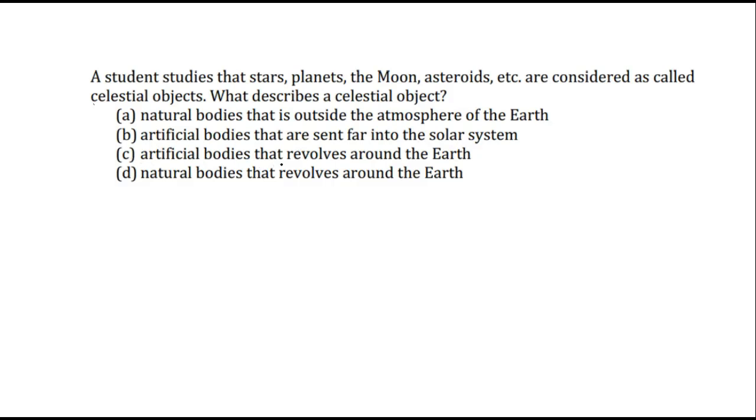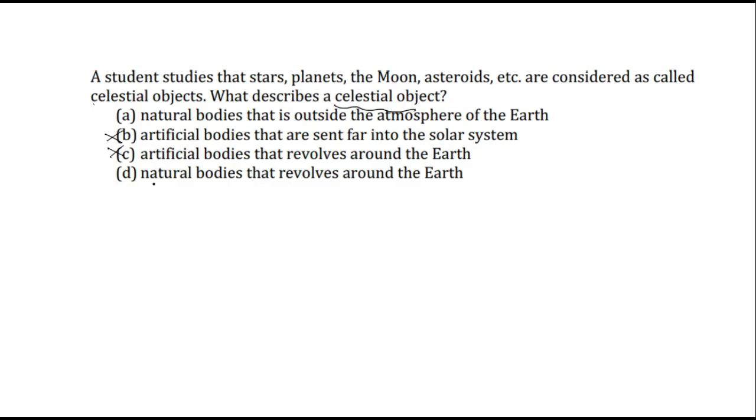Third, artificial bodies that revolve around the earth. He is speaking about an artificial satellite. Fourth, natural bodies that revolve around the earth. Right? So, out of these, we can cancel these two because they are artificial bodies. Artificial bodies are not included as celestial bodies.